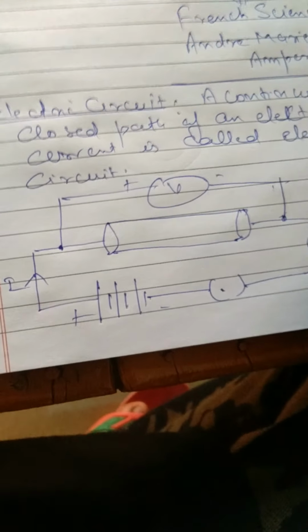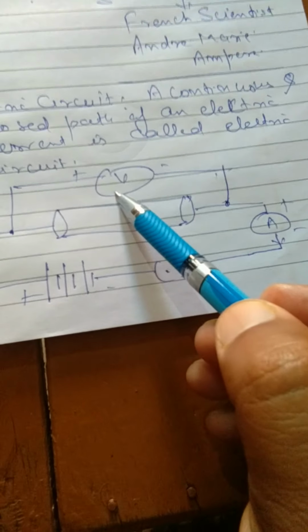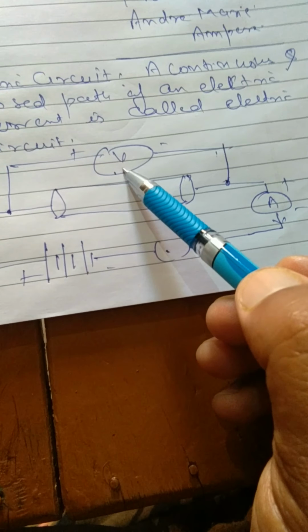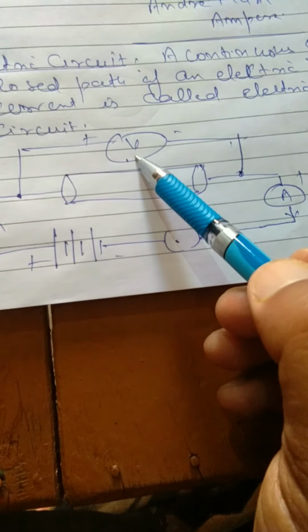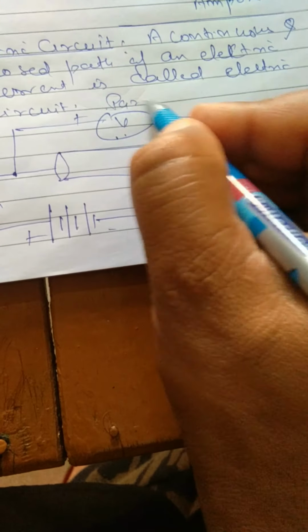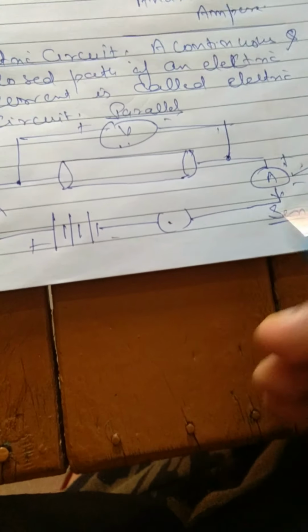This is the direction of current. This is your voltmeter, the instrument used to measure the potential difference across the ends of the conductor, and this is the ammeter, the instrument used to measure the electric current. The ammeter is always connected in series, and the voltmeter is always connected in parallel.